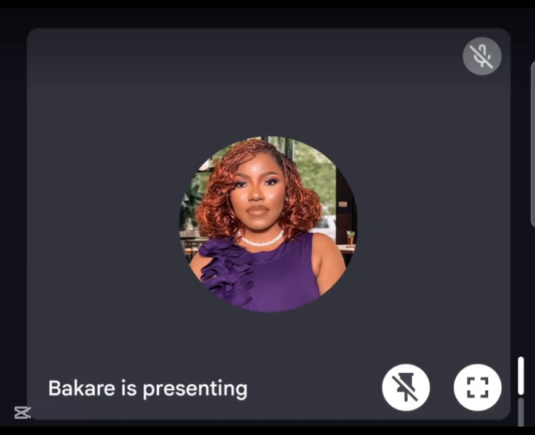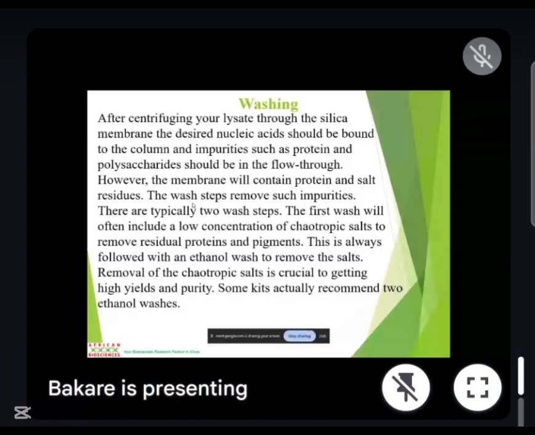And to this wash buffer, you usually add ethanol, usually absolute ethanol, that's 100%. So they ask you to add 100 ml of ethanol to the already made wash buffer that is in the container. If they have added it, they will indicate that they've added it.